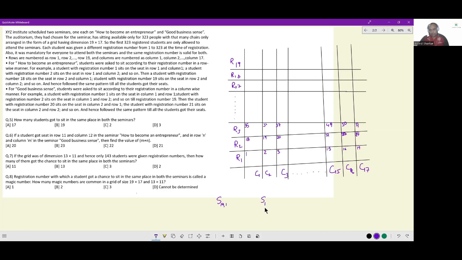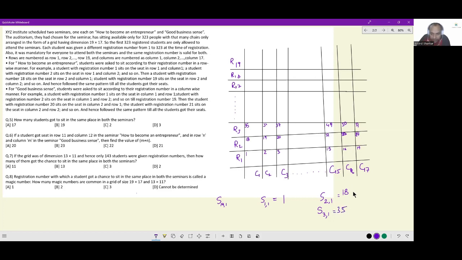For seat 1 comma 1, what is the registration number? The registration number of the person sitting is 1. And seat of row 2 comma 1 is equal to 18, or the person who is sitting at seat row 3 comma 1, the number is 35.